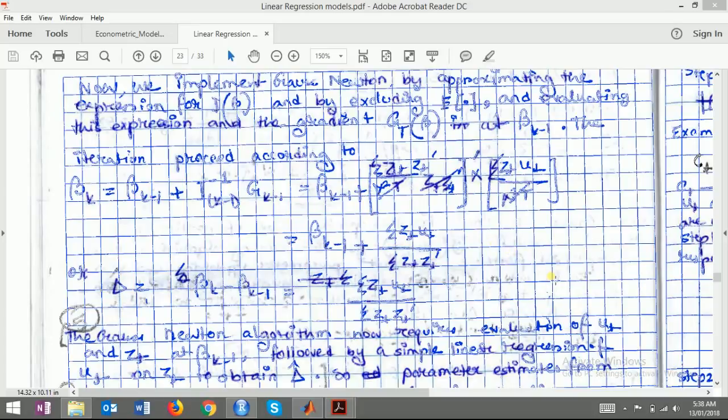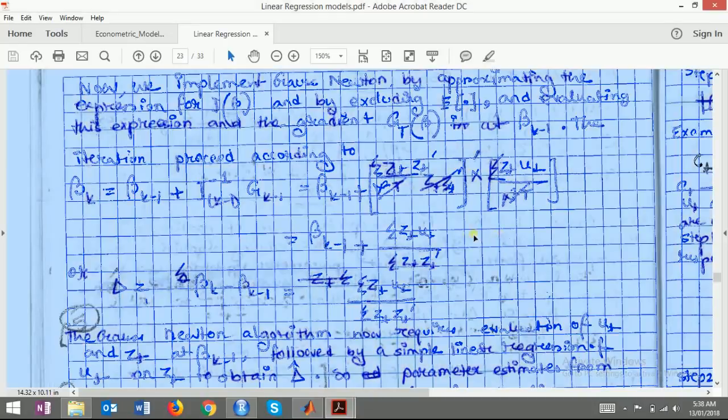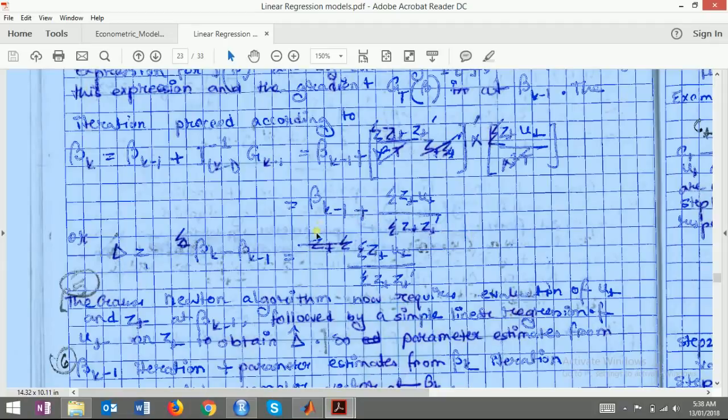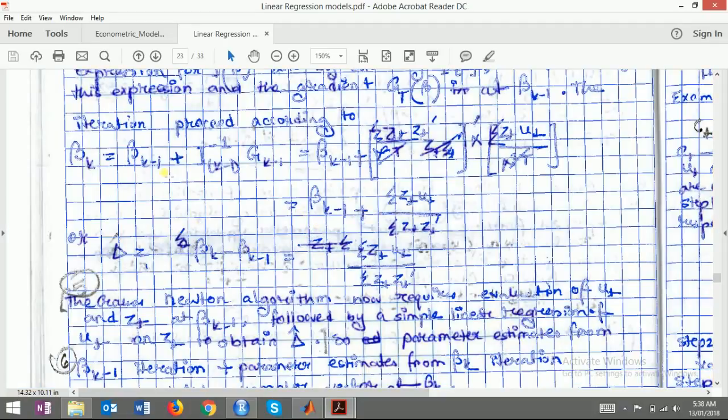Sigma square t goes up, and we are left with ZTUT divided by ZT transpose. Very simple. Then beta k minus 1 plus delta is this portion. Sigma square t goes up, ZT transpose goes down. This is a mistake in writing.